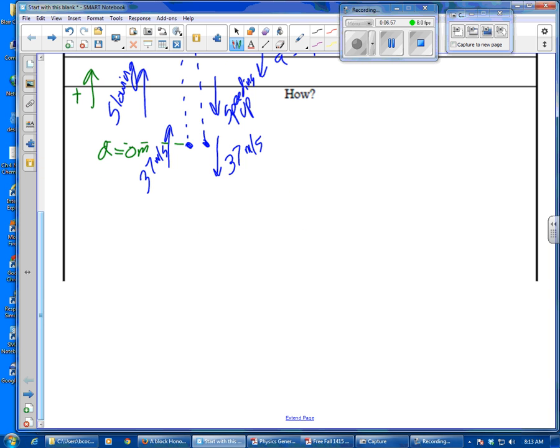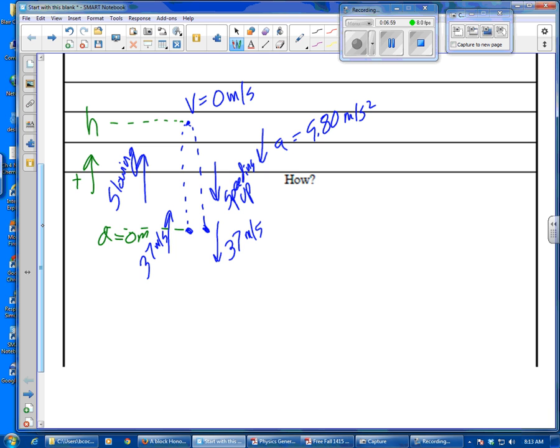Now we need to say, okay, I want to know about the time it takes to go from here to here. I know a lot about its initial velocity, its acceleration, and its final velocity. So I know a lot about velocity, and I want to know about time.